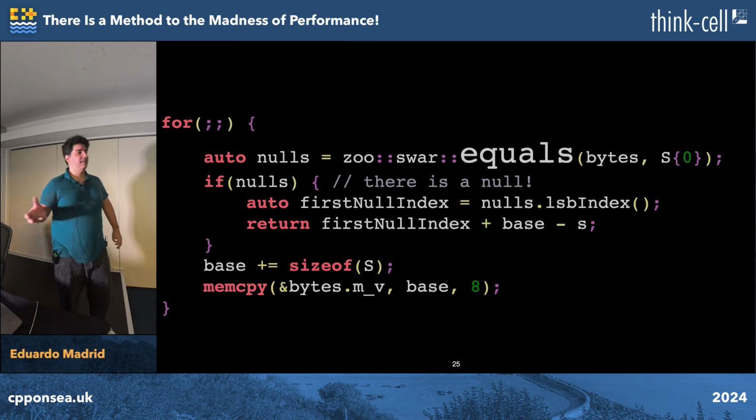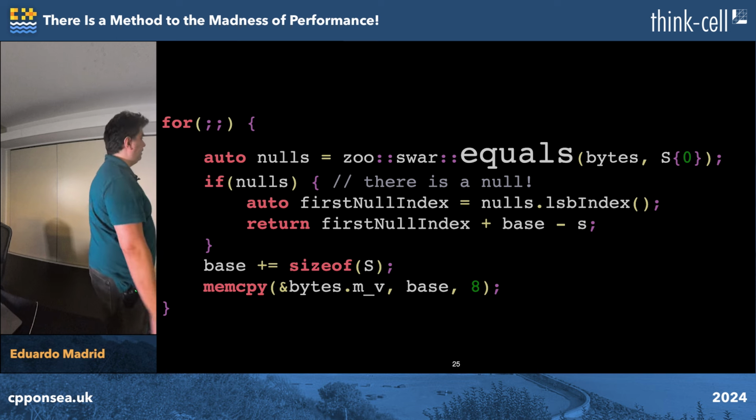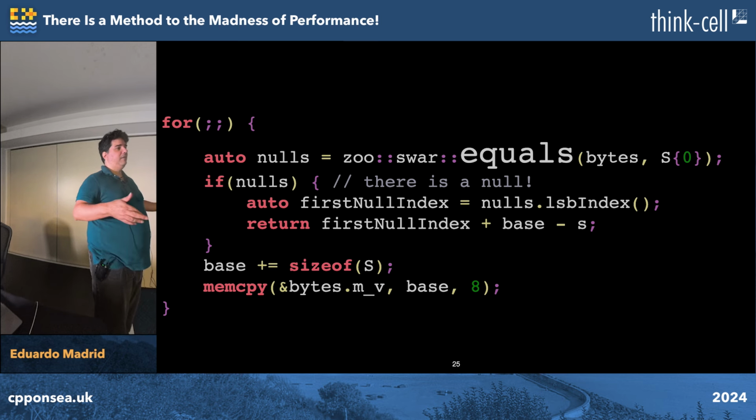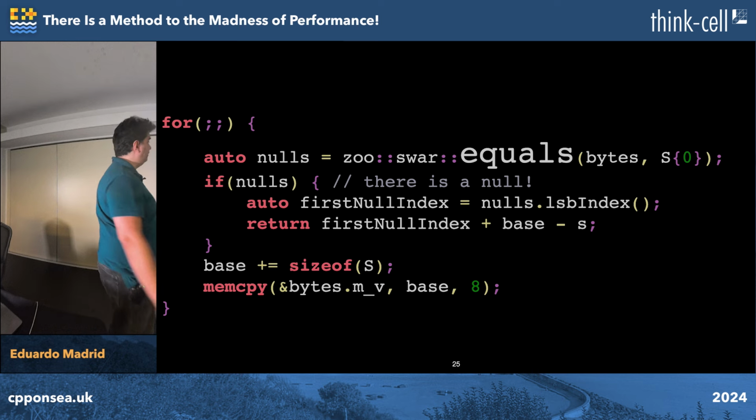We're just comparing against zeros, something I hope that you can see is rather natural. And this is going to give us a collection of lanes that have booleans in them. But that collection of lanes that have booleans in them has a natural conversion to a single boolean, which is if any of them is true, then the whole thing is true.